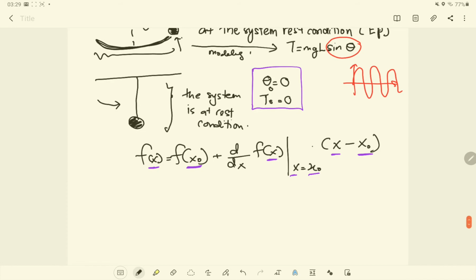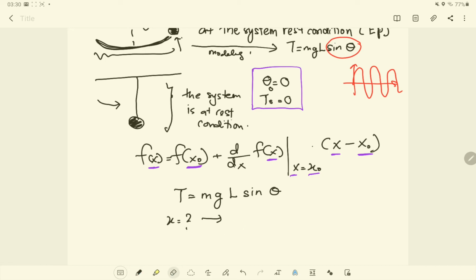So I write it again. T equals m g l sine theta. So what is x from this equation, where x is what changes throughout time?